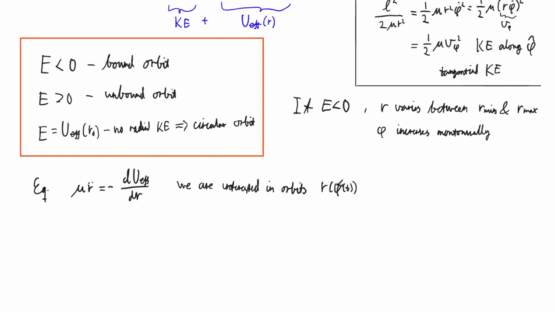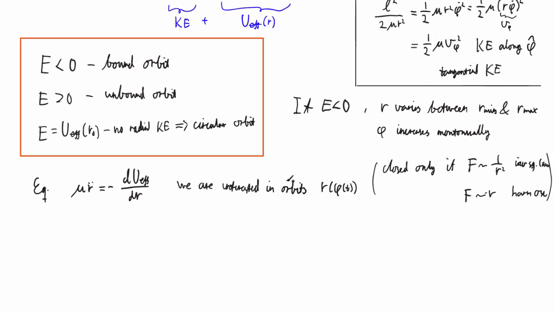Now, these aren't necessarily closed, I should mention. It turns out that those are closed only if the force varies as 1 over r squared, so that's an inverse square law force, or if F varies as r, or minus r, as is the case in the harmonic oscillator.